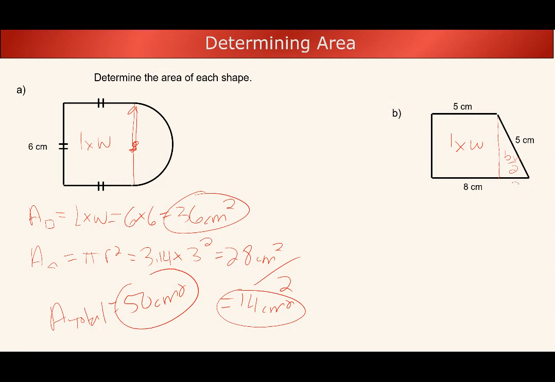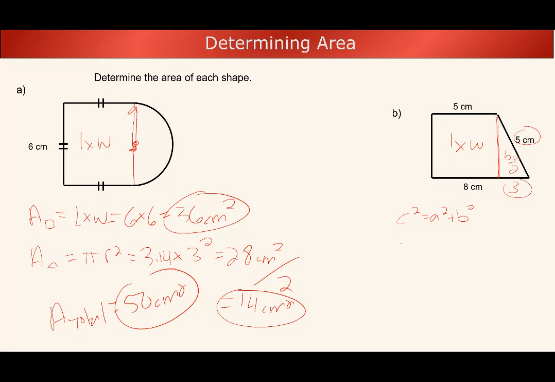This is going to be 3 here. So we can figure out the height of this because of Pythagorean theorem. I've got 5 and 3. So remember, Pythagorean theorem is c squared equals a squared plus b squared. So we're solving for like b or a in this case.